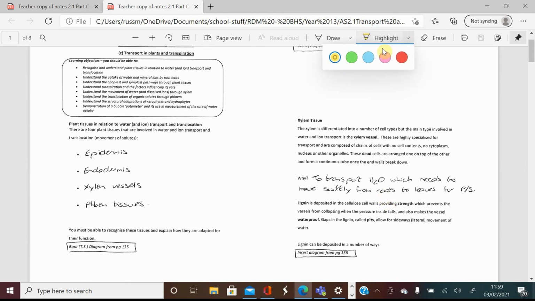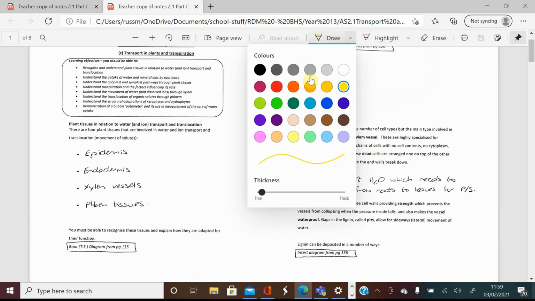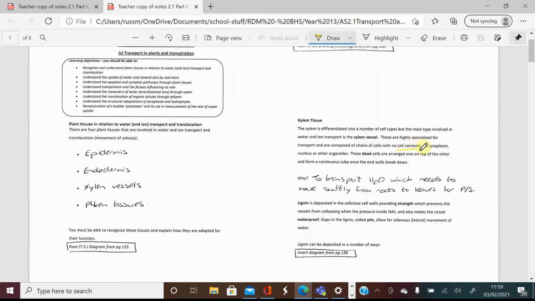Why is it not working? I don't know. We'll just move on. Nothing to erase there. But these are the things you could highlight, okay, and there we go. No cell contents, nucleus, or other organelles.